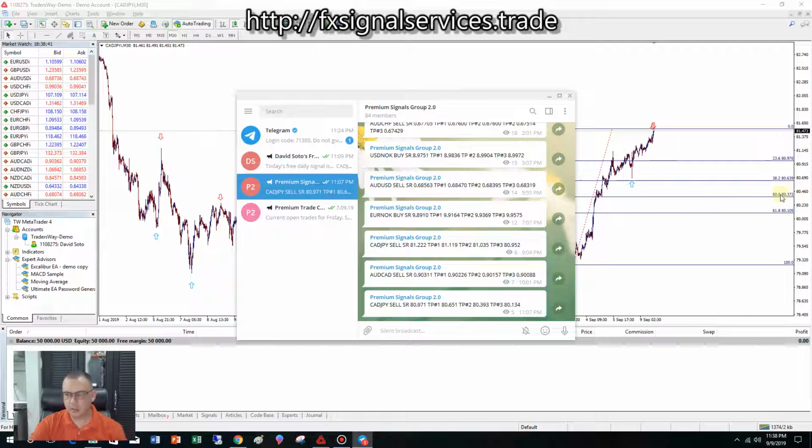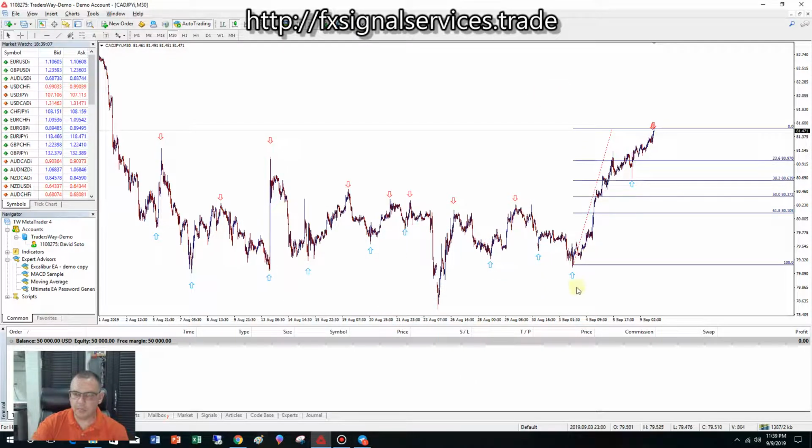So if you go to the 50 level, which is halfway, it should be plenty of profit from this entry point to this take profit. That's quite a bit of profit anyhow, and depending on your lot size, I cannot say exactly what your profit will be. But anyways, this is how I derive my signals for my signal service, my signal group, okay?